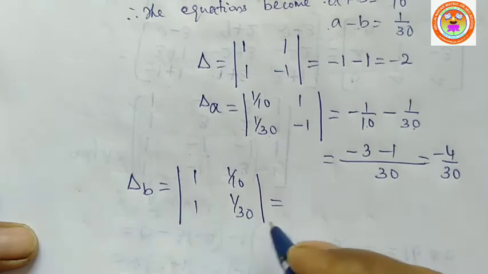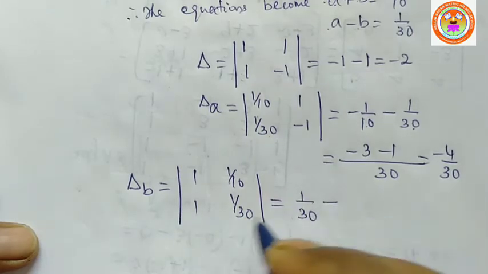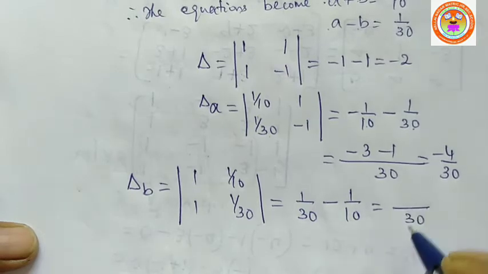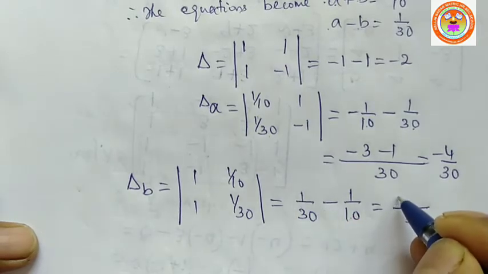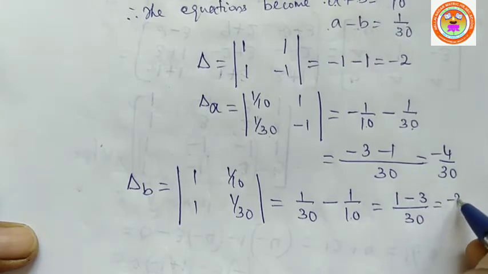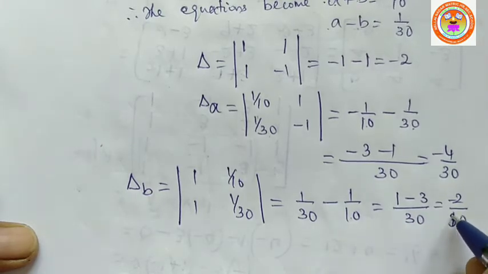When we are expanding, 1 by 30 minus 1 by 10. So LCM is 30. 1 minus 3, that is minus 2 by 30.